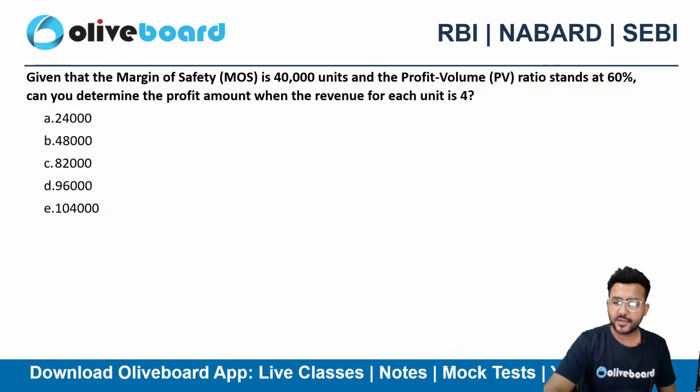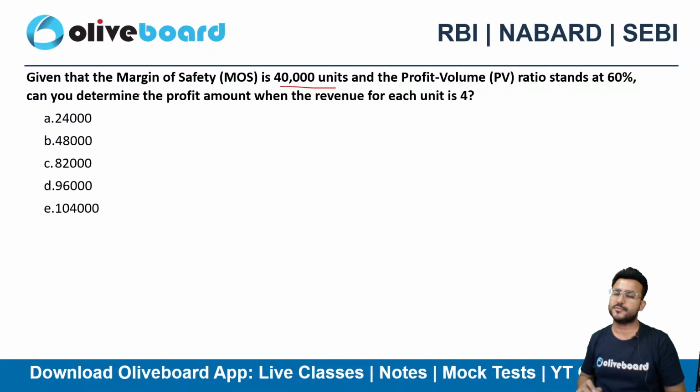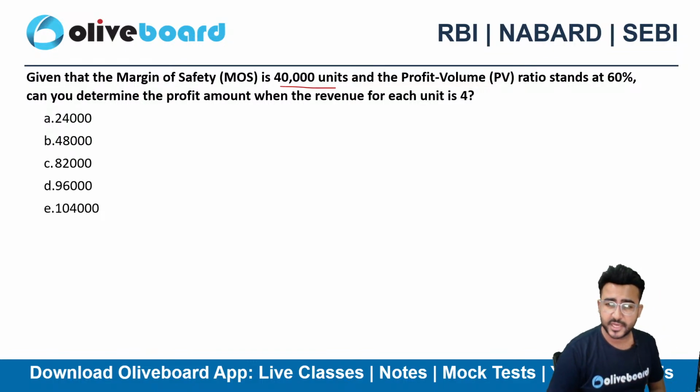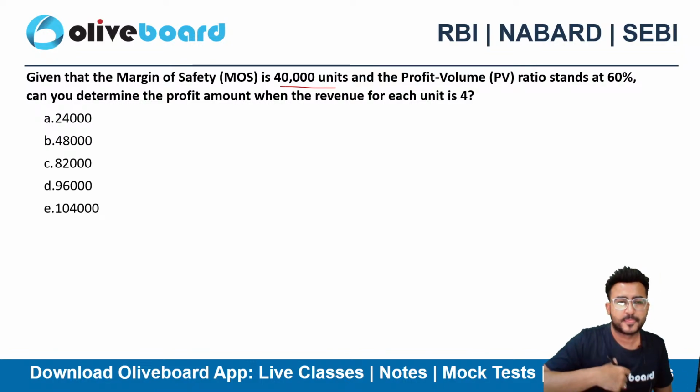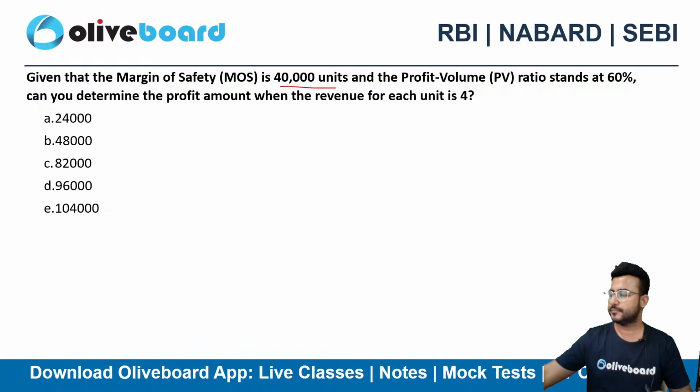Given that the margin of safety is 40,000 units, PV ratio is 60%. Can you determine the profit amount when the revenue of each unit is 4? A very simple question if you know the relationship.